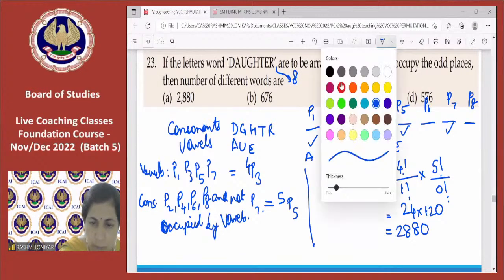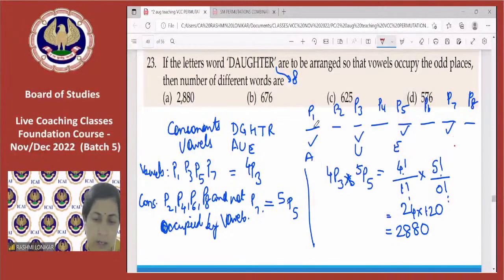Let's use another pen so you'll understand. There are 8 places. 1, 2, 3, 4, 5, 6, 7, and 8. Out of these 8 places, vowels can occupy 1, 3, 5, 7.